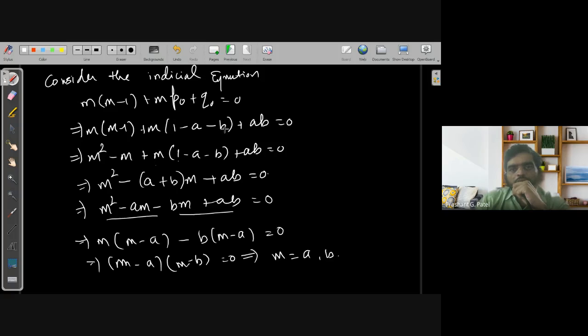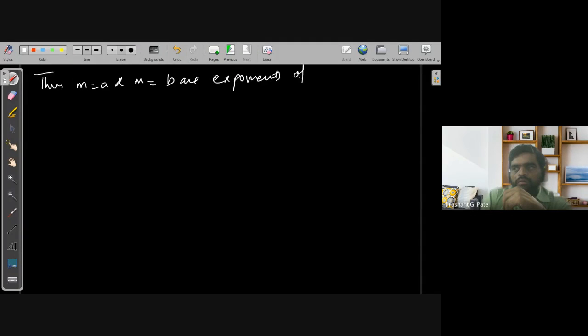They are the 2 roots of this indicial equation. Thus, what we can say is m equal to a and m equal to b are the exponents of the Frobenius series solution.